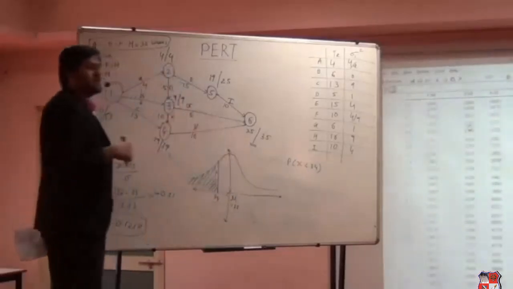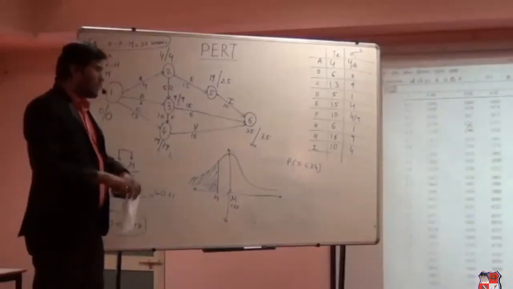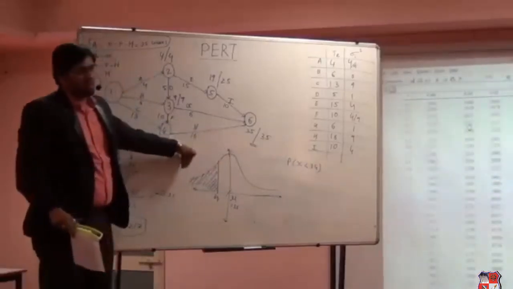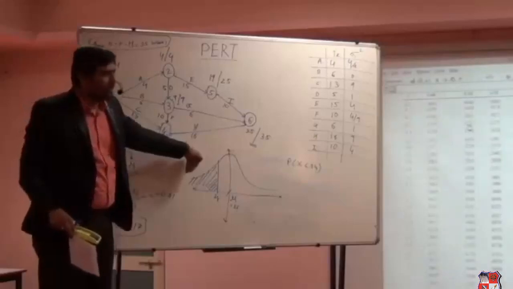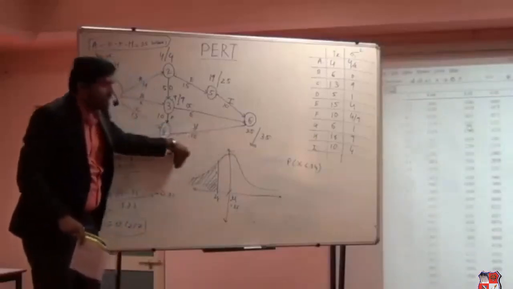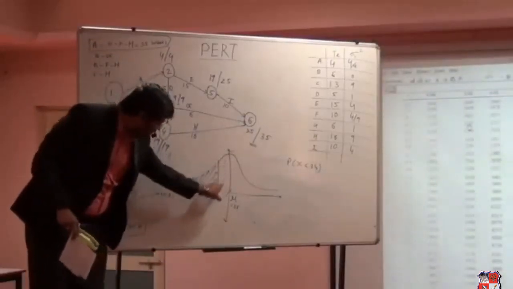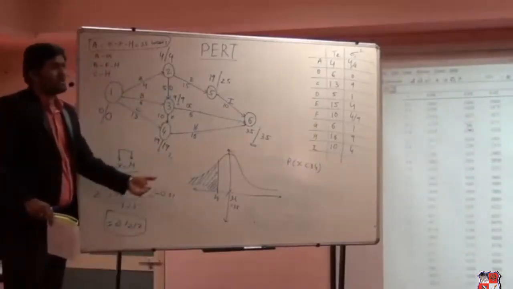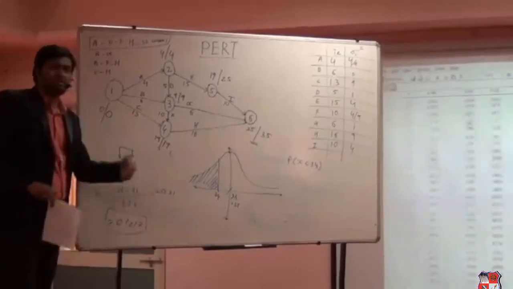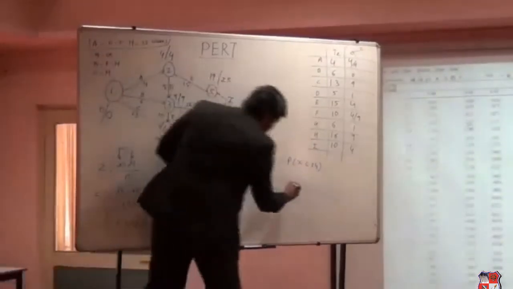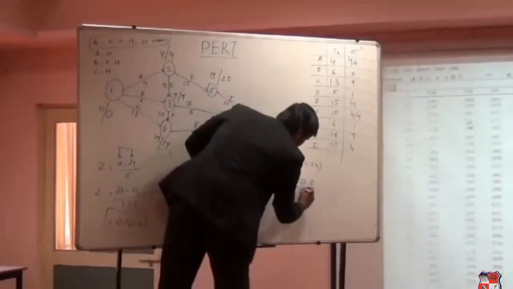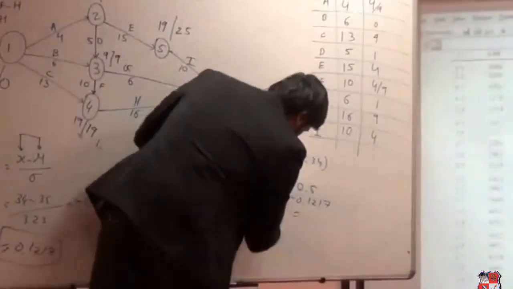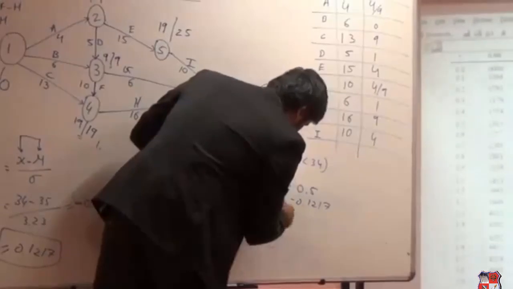But what we actually require is the area apart from this. The left hand side area of this curve is 50%, 0.5, right? Out of the 50%, we have derived this much area, and that is 0.1217. So the answer will not be 0.1217, but 0.5 minus 0.1217, and that will be 0.3783.